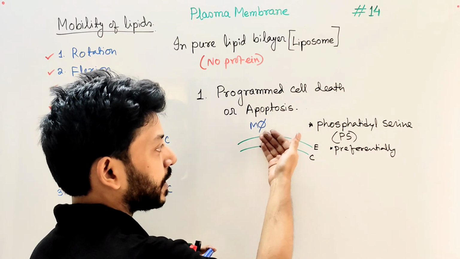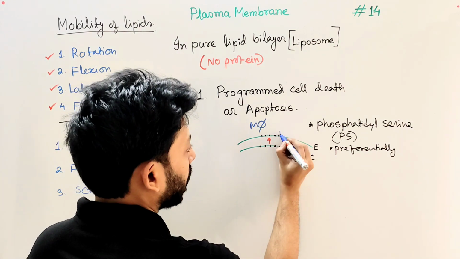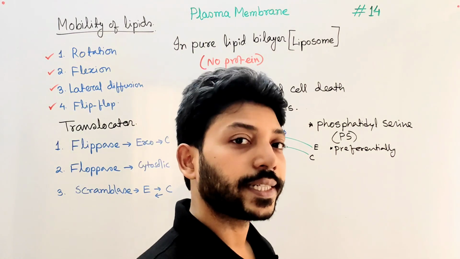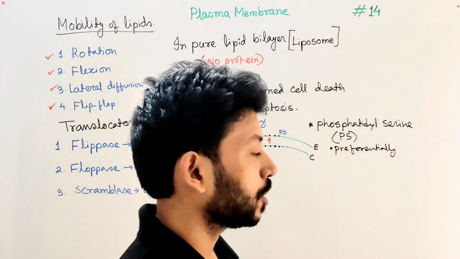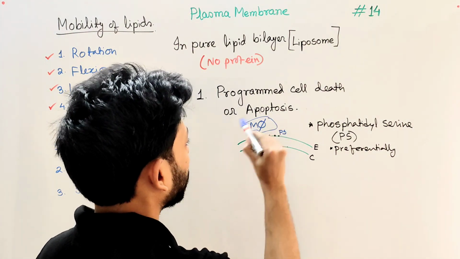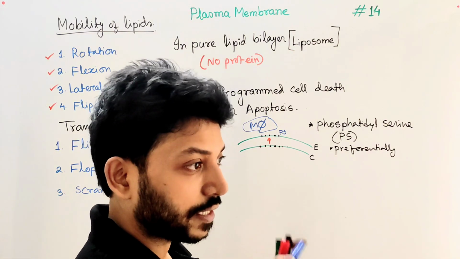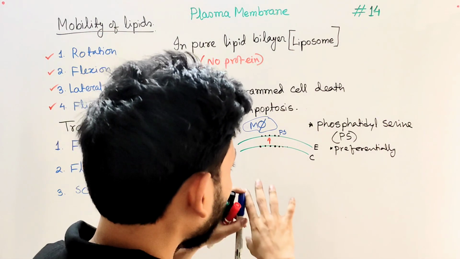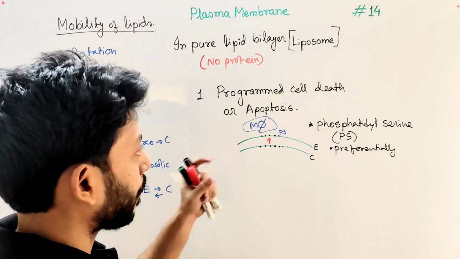That's why the phosphatidylserines come out from the cytosolic to the exoplasmic leaflet. So phosphatidylserine sends signals to the macrophage. Macrophages recognize these cells and phagocytose the dead cells to clear them from the body. So this is apoptosis.